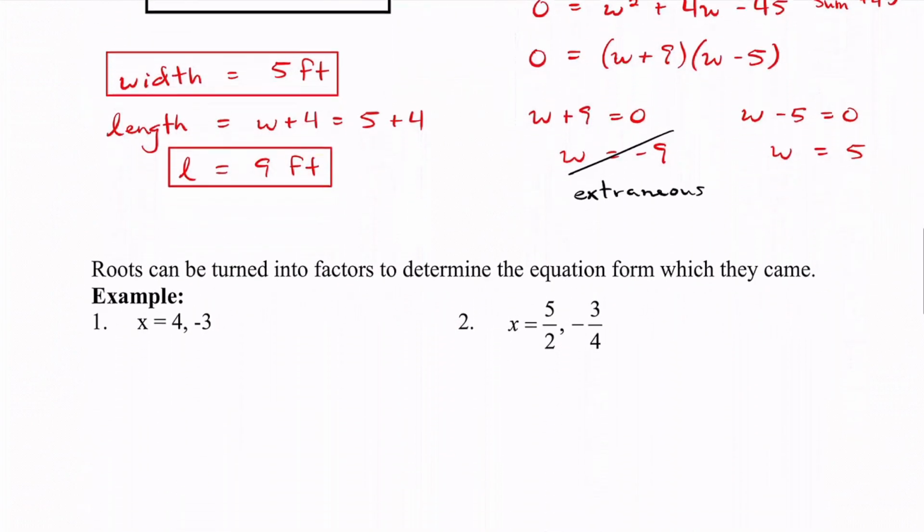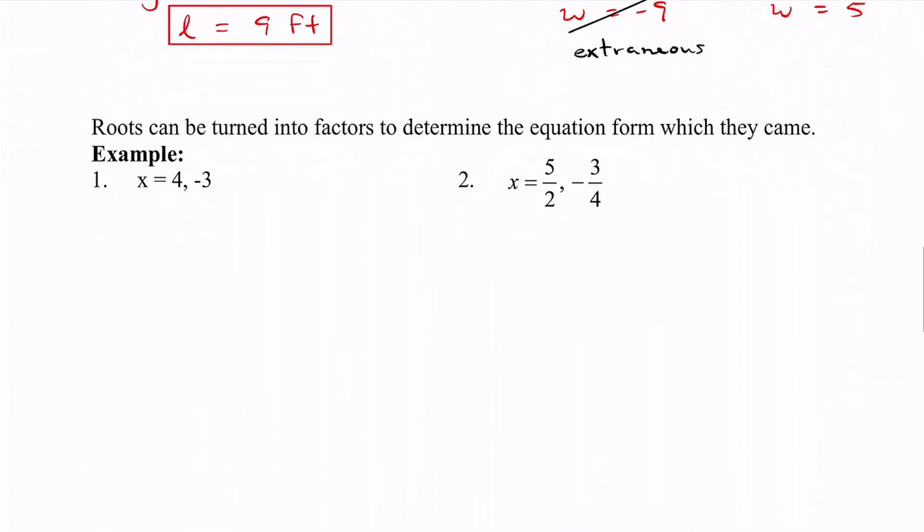Now for our last example. In this one it says roots can be turned into factors to determine the equation form from which they came. So if you were given in the first one x equals 4 and x equals negative 3, we can figure out what the equation was from that. What you're going to do is start with this. It's kind of like two blank empty factors, where the r and the s are just the two answers that you had right there.